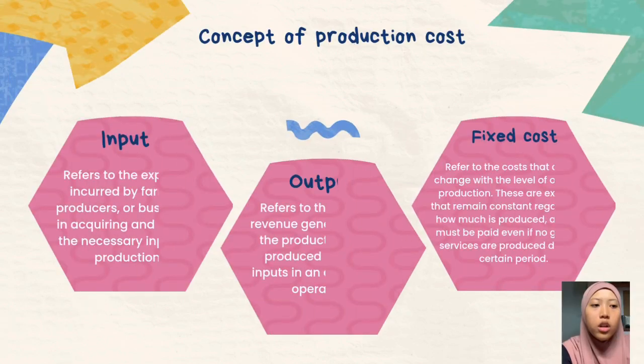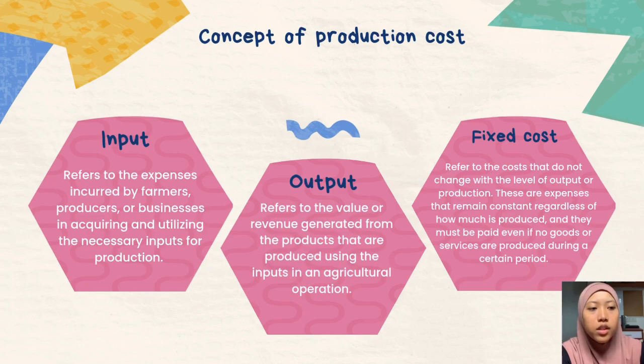So input refers to the expenses incurred by farmers, producers, or businesses in acquiring and utilizing the necessary inputs for production, while output refers to the value or revenue generated from the products that are produced using the inputs in an agriculture operation.